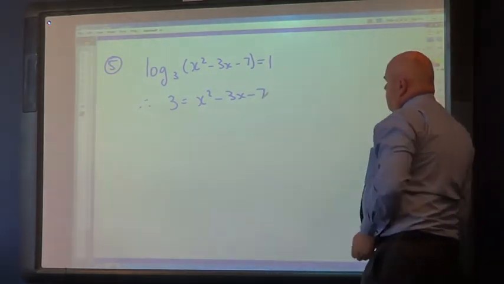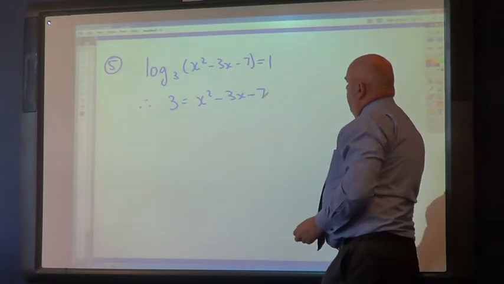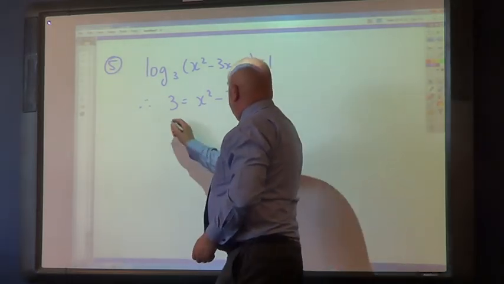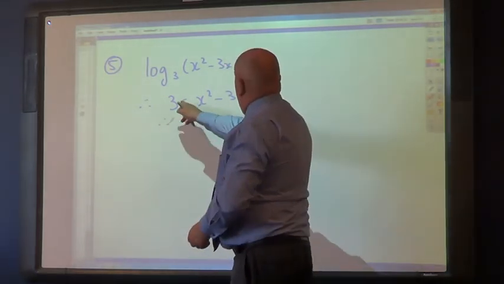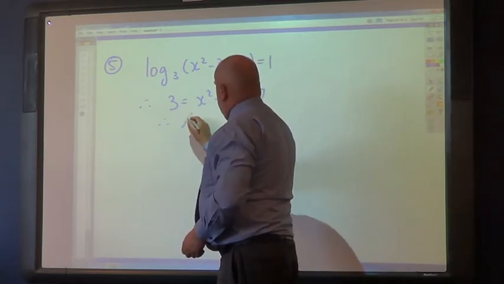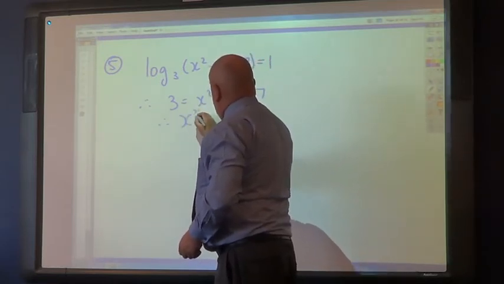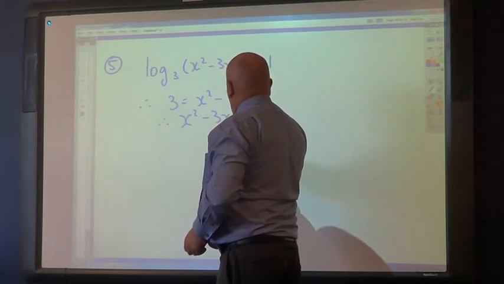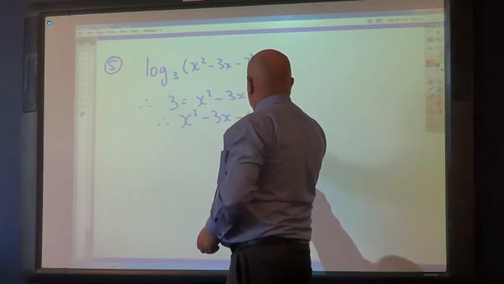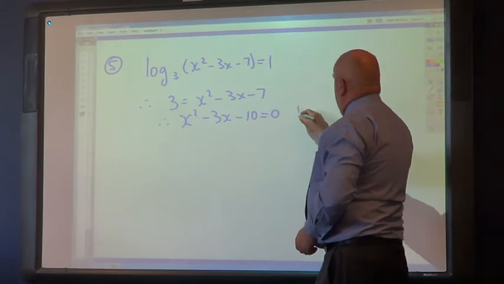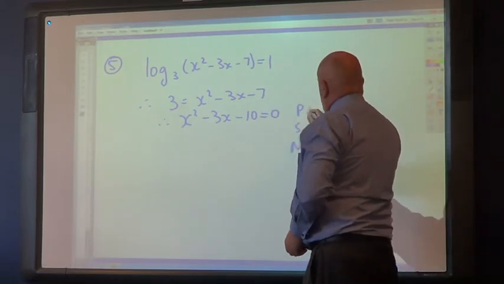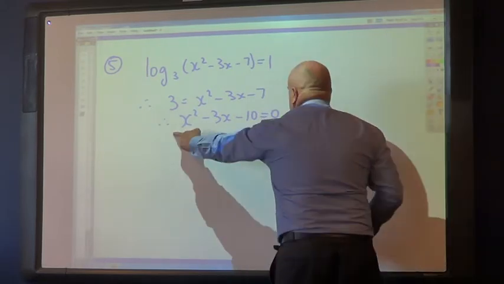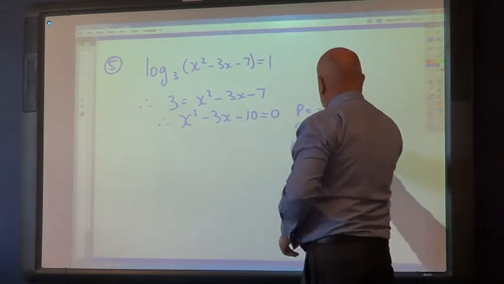Okay, now you can probably anticipate that we've got a quadratic trinomial to solve. We're going to take 3 from both sides, and that will yield x squared minus 3x minus 10 equals 0. Product-sum-number technique used here. The product is 1 times negative 10, which is negative 10.